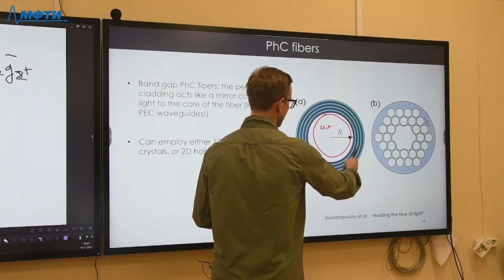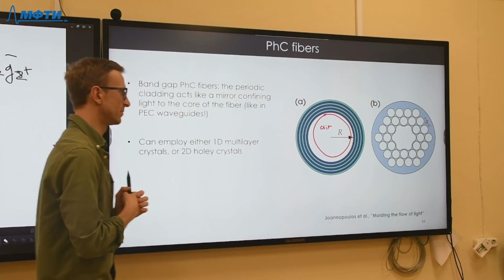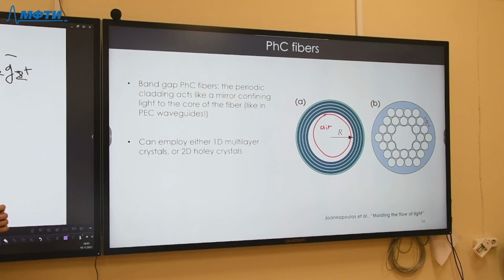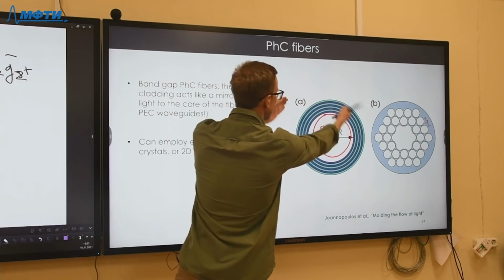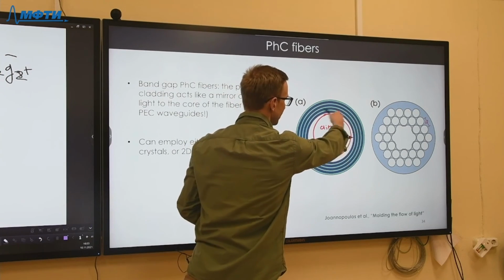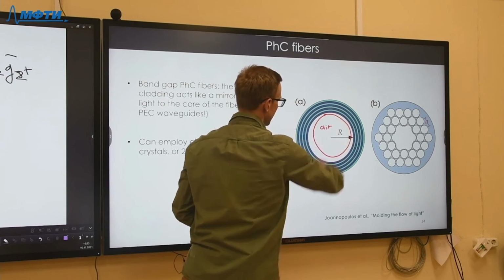And you can basically take a one-dimensional photonic crystal that we considered in the first part of today's lecture, and you can wrap it around the cylindrical axis. And that will create a circular mirror that should confine the electromagnetic mode inside.